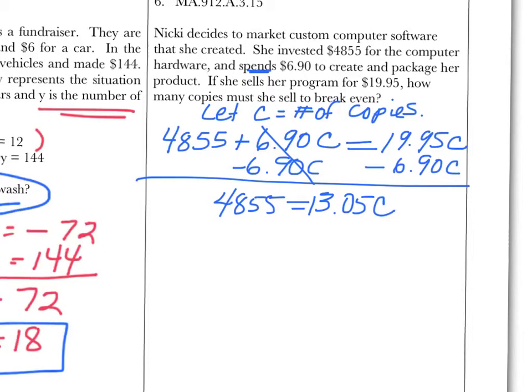And I will divide both sides by 13.05. And so I have 4855 divided by 13.05, and that is about 372. It's not exactly 372, but at about 372 copies of her product, she will start to make money.